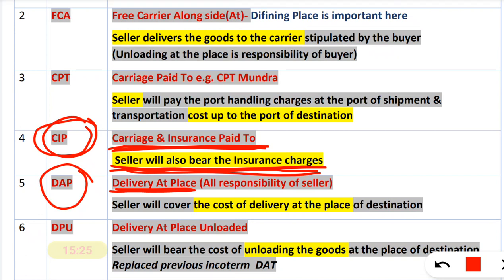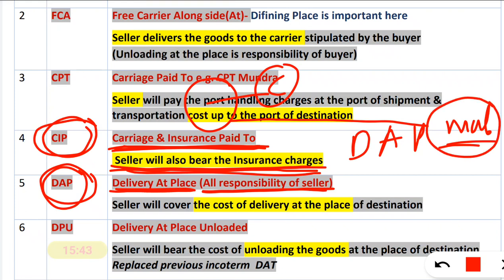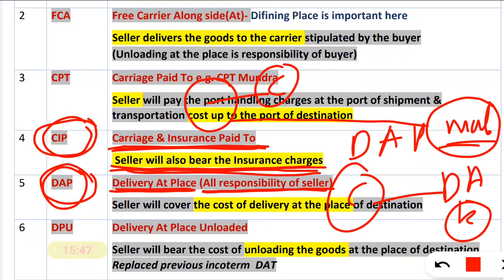Now DAP means delivery at place. All the responsibility will be of the seller. If I say DAP Mumbai, suppose I am exporting from Canada, then from Canada, delivery at the port of Mumbai. Or if I say from Canada, DAP at Kochi, I have to deliver all the goods up to the place Kochi.